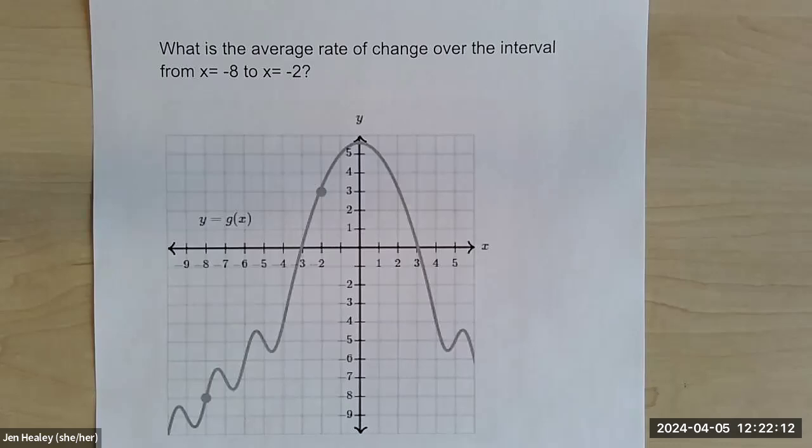It says, what's the average rate of change over the interval from x is equal to -8? This is my x-axis. And so -8 is right here. And so I want to go down to where that's actually hitting on my graph. And that hits right here at the point -8, comma, -8. So we have a point at -8, comma, -8.